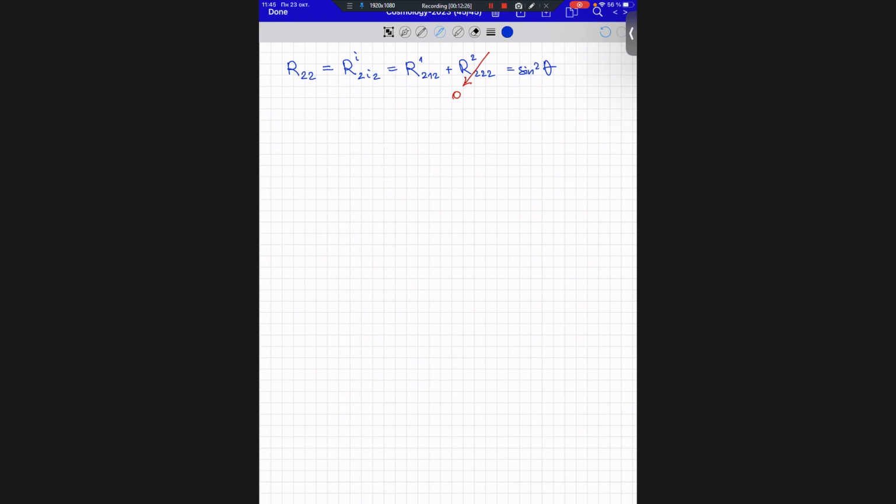So let's find R11, and I will find it a different way, just to show how we can do it. Before, I used the mixed representation of the curvature tensor.